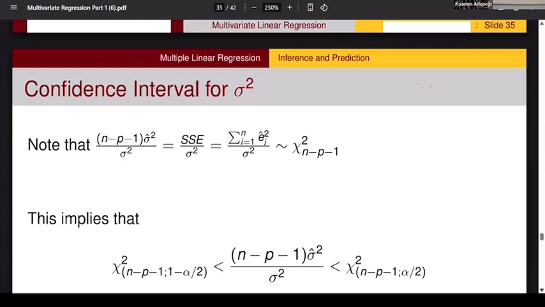So far, we've been testing hypotheses about regression parameters. We've also succeeded in constructing confidence intervals about regression parameters, but can we also construct a confidence interval about the variance? Because at times the focus may be on estimating variance.